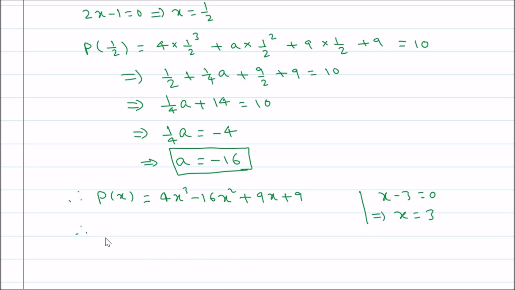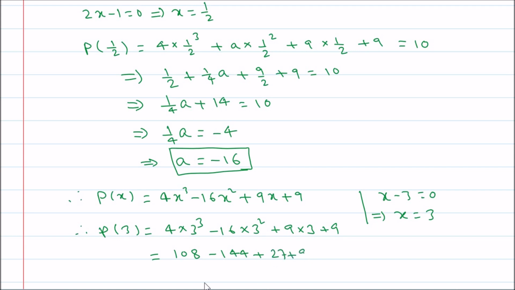So let us substitute here and find p(3). 4 into 3 cube minus 16 into 3 square plus 9 into 3 plus 9, and that gives us 108 minus 144 plus 27 plus 9, and if you simplify we get 0.